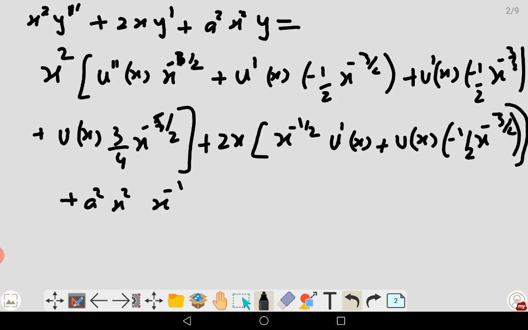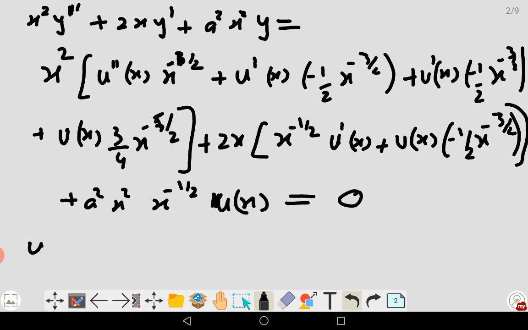Y is given, y is x power negative half and u of x. It should be 0. That's what they say, the equation should be 0. Now multiply x square inside of these 4 terms, simplify it and check it.